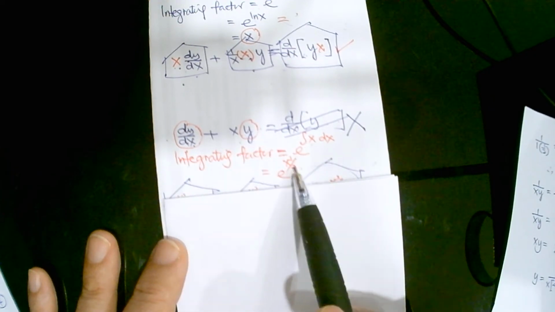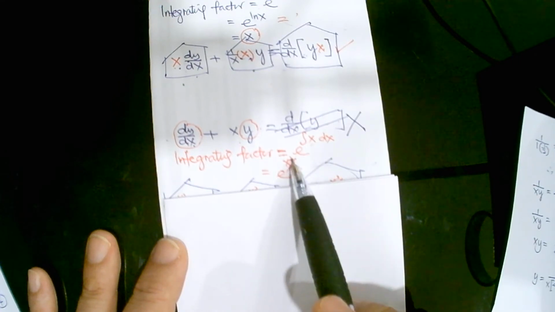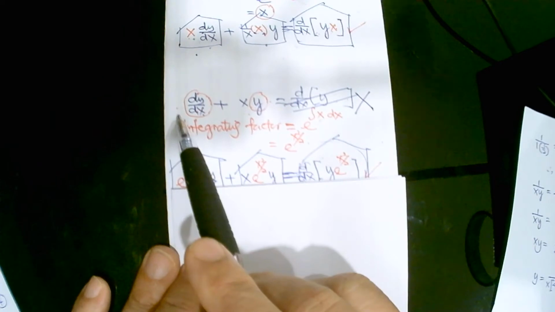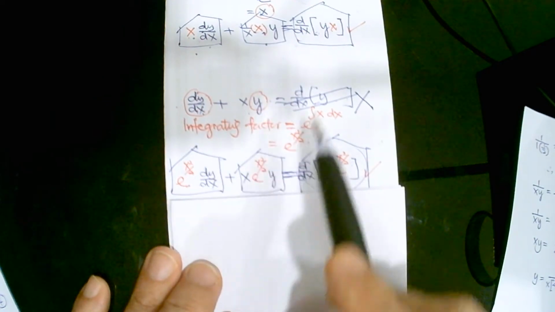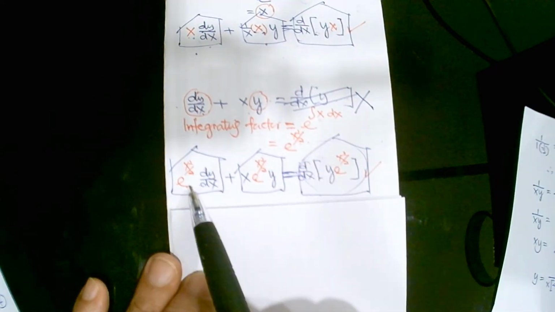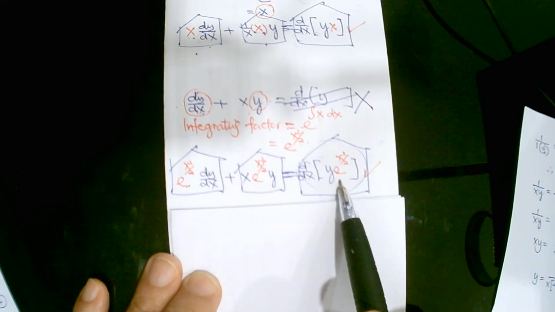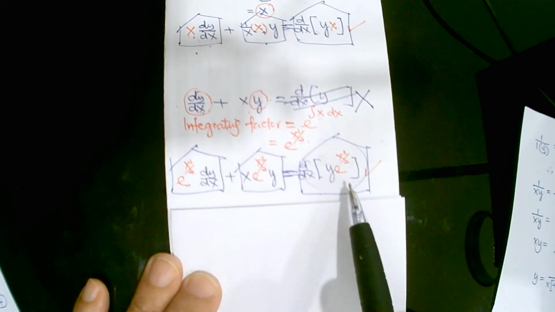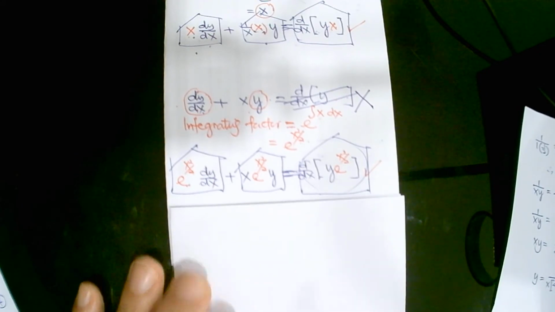Integrate this. Okay? So integrate this, you get x squared over 2. So with the integrating factor now, you can combine them like that. Two houses to become one house. Of course, this is easier. So later, got two houses, we are going to combine them into one house. This is what we are going to learn in this part.